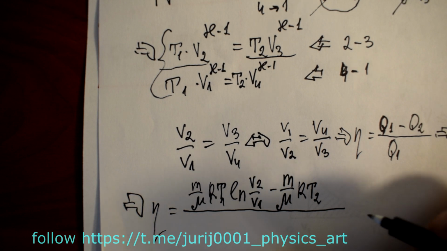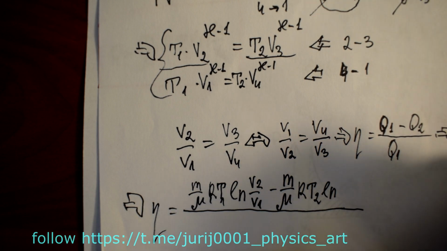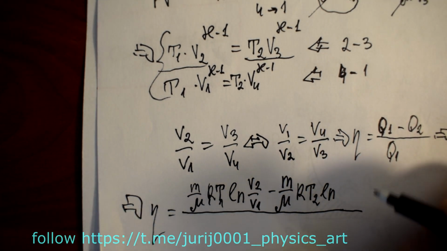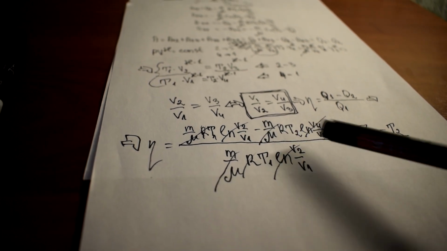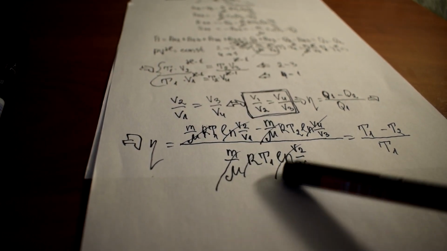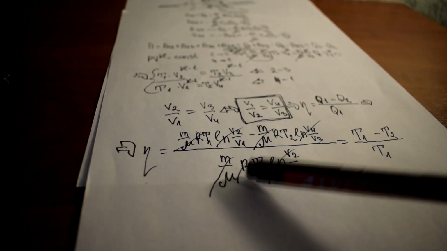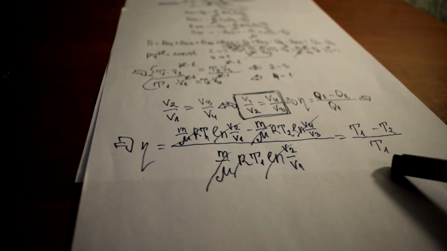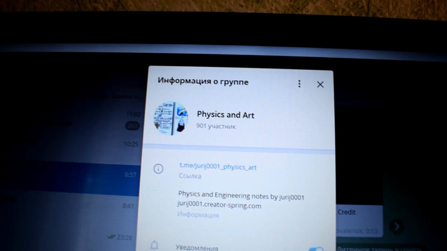As you can see, the mass, molar mass, universal gas constant and logarithm cancel and we get the temperature ratio. Do not forget that the temperature is measured in kelvins, and it turned out that at absolute zero the efficiency of the heat engine should be equal to 100%, but absolute zero is not reached.